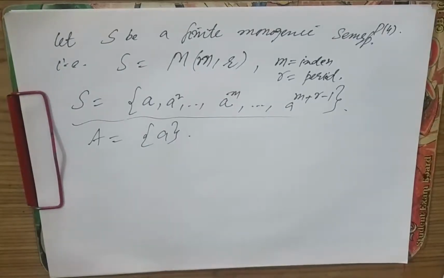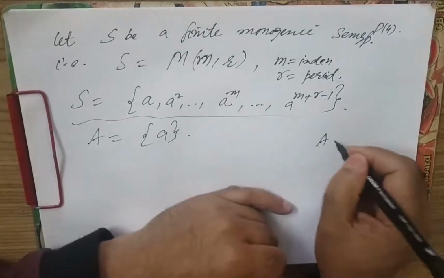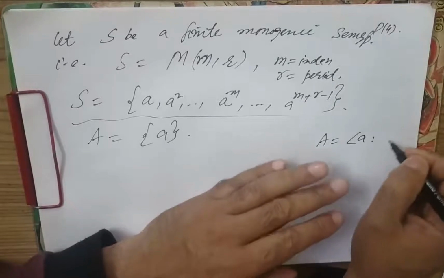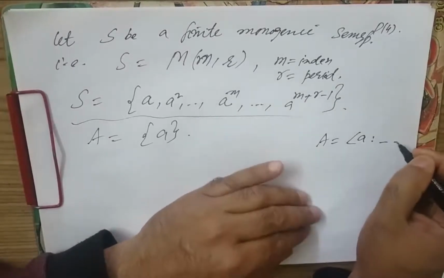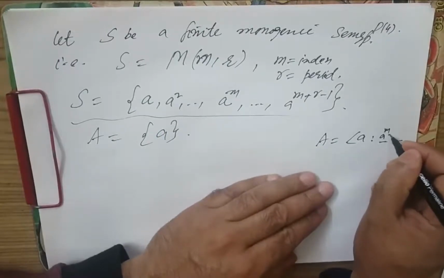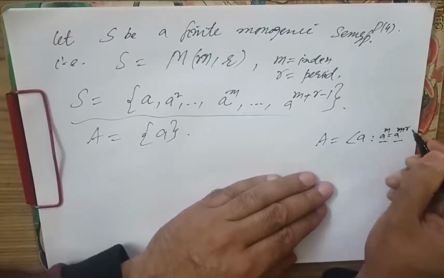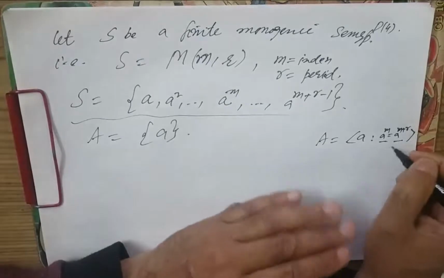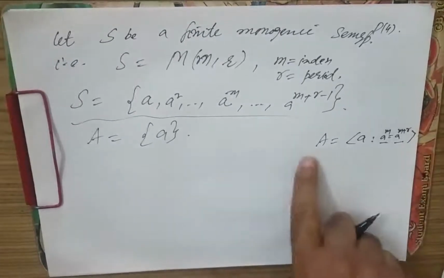Now I want to find its presentation actually. S is generated by A, but under which condition? You can see it's actually A power M is equal to A power M plus R. That is the defining equation for the presentation of this semigroup.